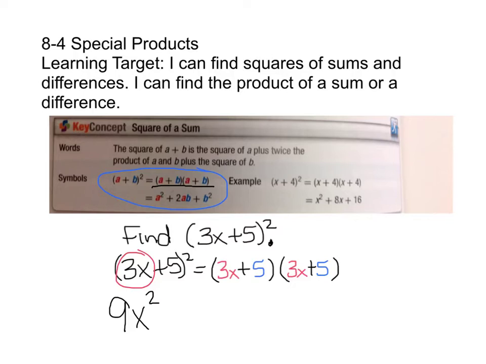Now my second part says I multiply 2 times the first term times the second term. The first term is 3x, the second term is 5. 3 times 5 is 15x, times 2 would be 30x.